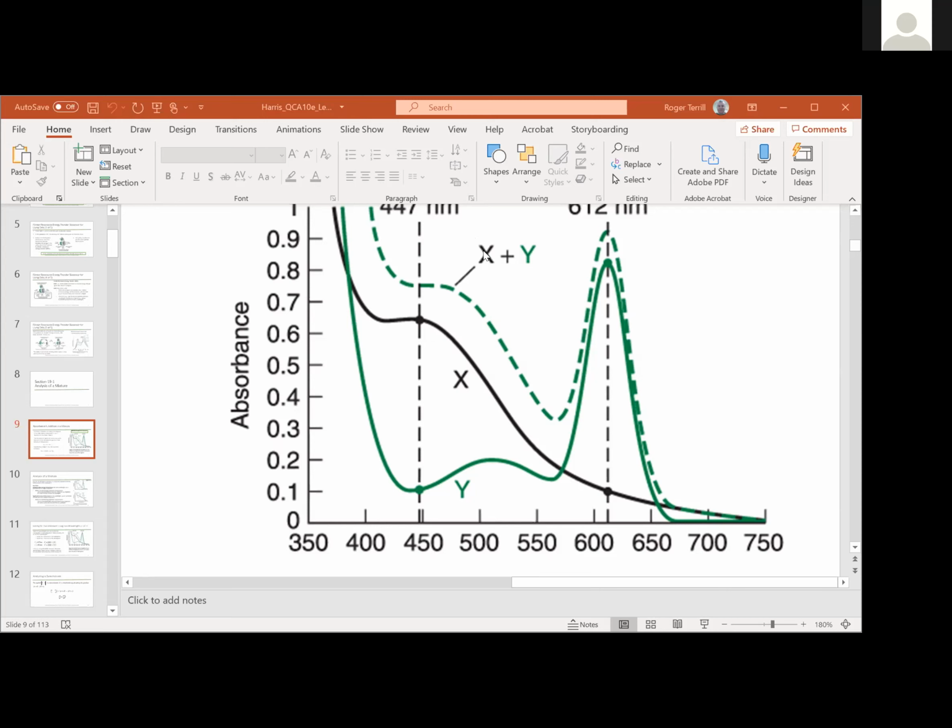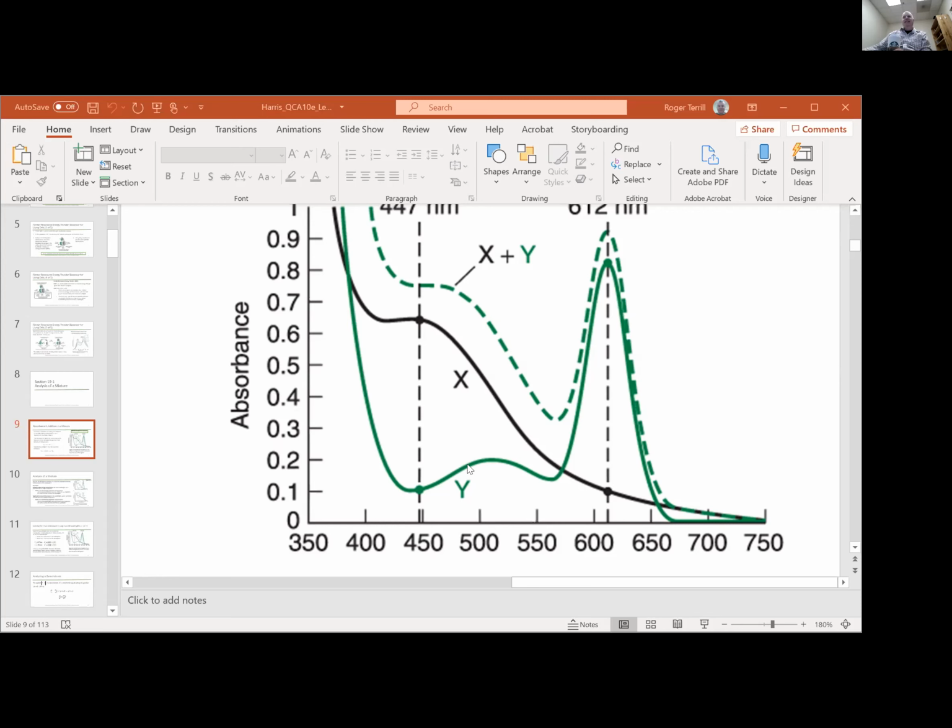Wait, so if you're not seeing Y at all, then why wouldn't the absorption of both be the same as X? So you're saying that we're not actually detecting Y, right? Well, at 700 nanometers, way out here at this edge. But at the lower wavelengths, there's this plus this equals this.